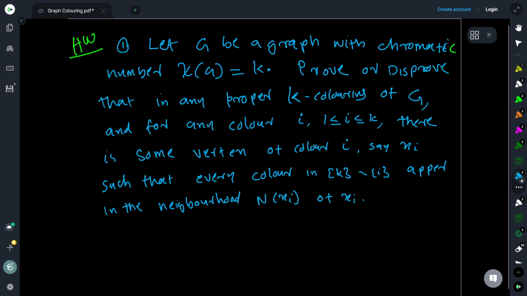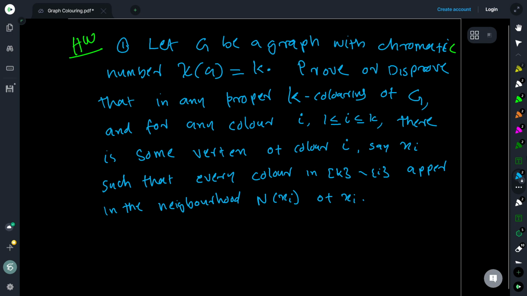Precisely the chromatic number. And for any color I, I use the colors 1 to K to color the graph. For any color I between 1 and K, you can always find some vertex Xi of color I such that every color other than I appears in the neighborhood of Xi.